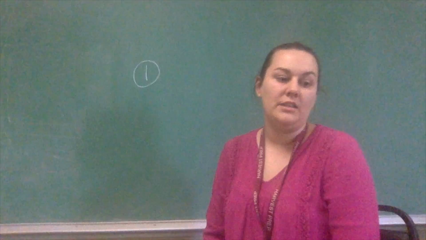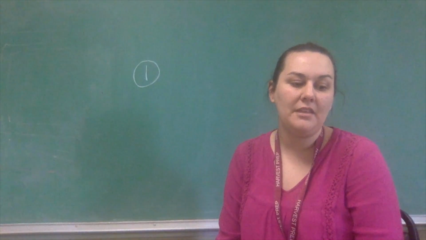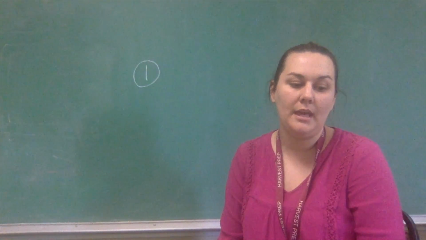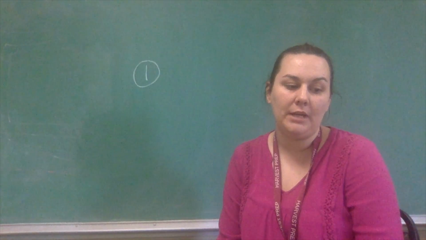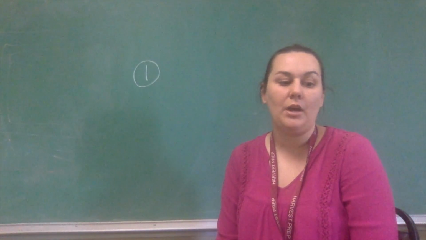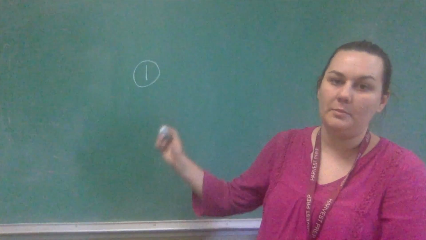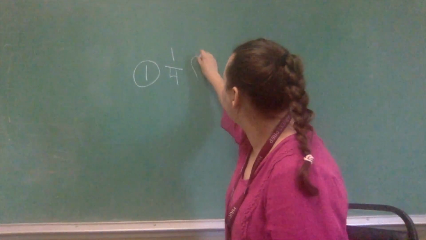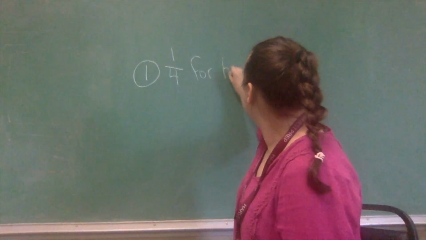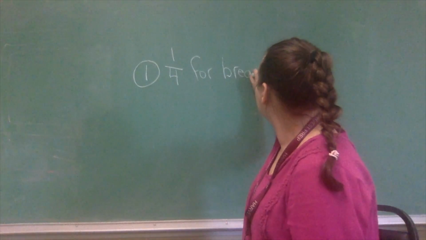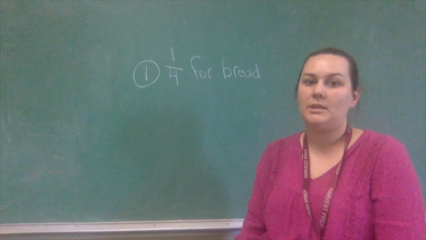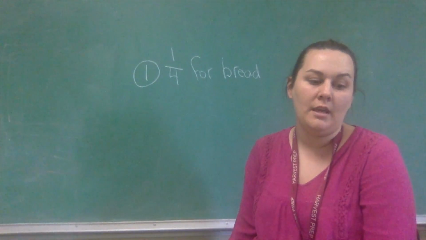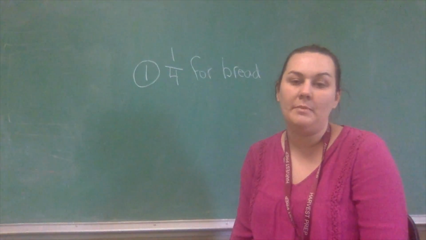What do we already know? It tells us Nathan used some of the flour for a cake recipe and blank of the bag for a bread recipe. If I look back at my problem, it tells me he used 1/4 of the bag for a bread recipe. And we know that he has how much of the bag left?